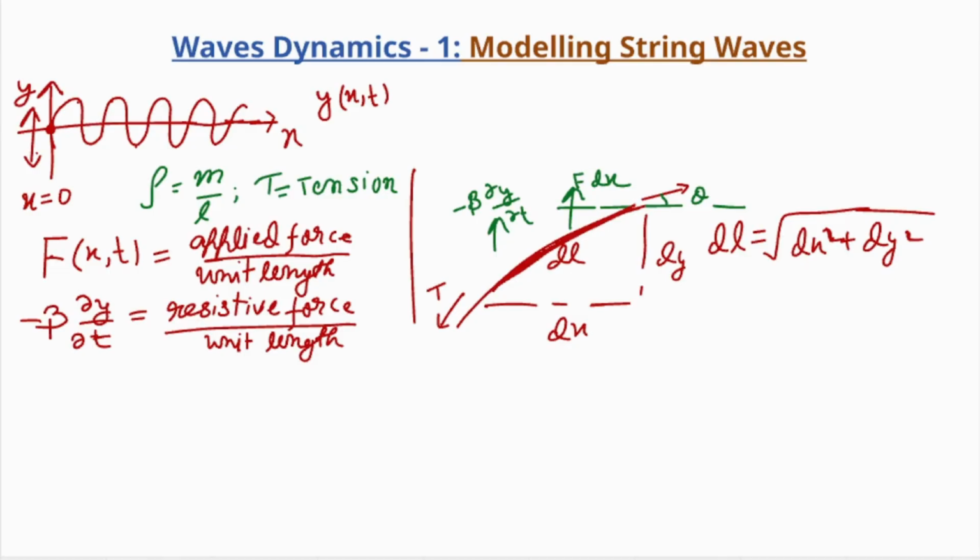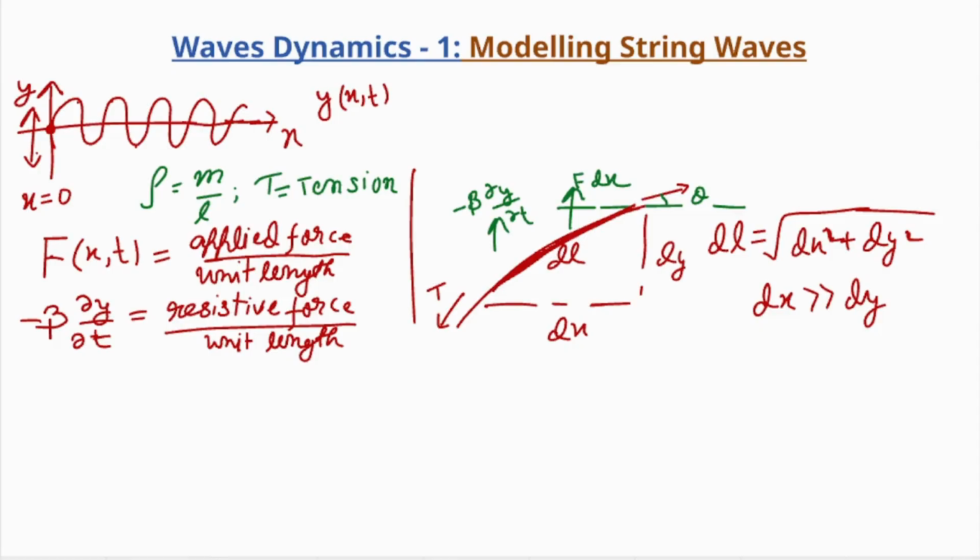Remember, we are talking about string movement, right? So dx is much greater than dy. Why? You can make sense out of this. This is how a string motion works.